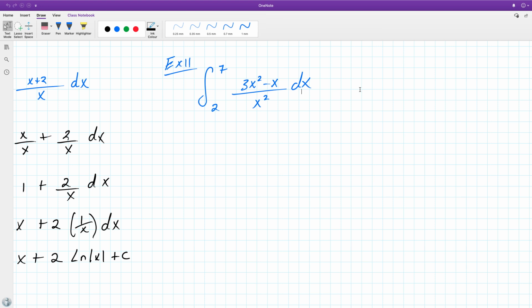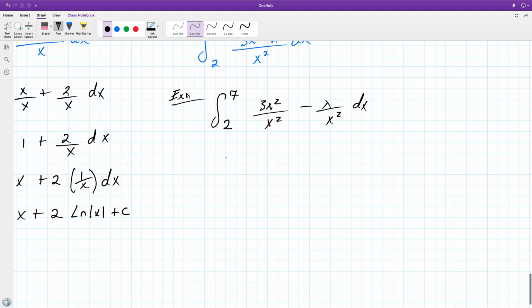Right, let's have a little look. So, integration between 7 and 2 of 3x squared over x squared minus x over x squared dx. That is the integration between 7 and 2 of 3 minus 1 over x dx.